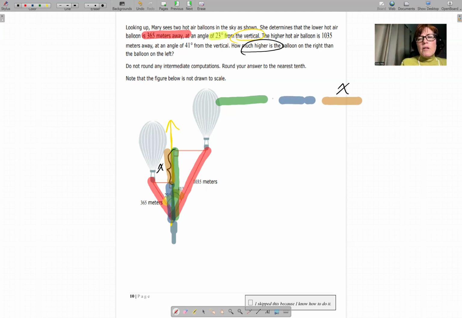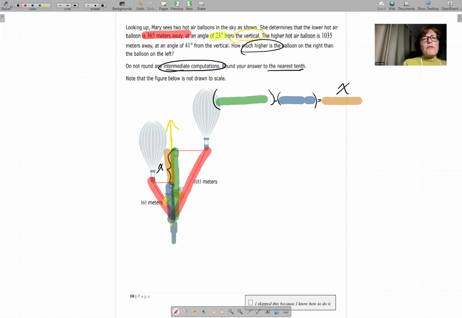So the green minus blue equals the distance x that we want. Now, very important, do not round intermediate computations. Round your final answer to the nearest tenth. Let me show you what they mean by that.